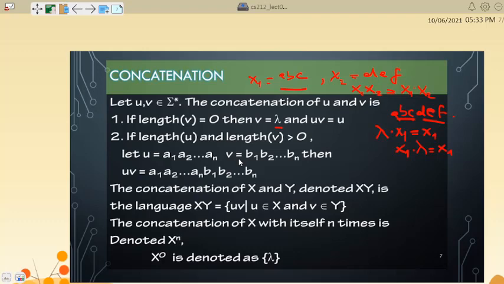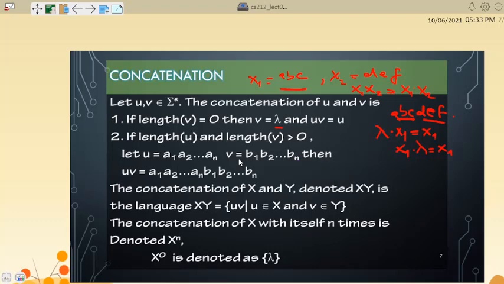Then if the length of u and the length of v are greater than 0, that means u and v are not lambda. Let u equal a1, a2 until an, and v equal b1, b2, b3 until bn.